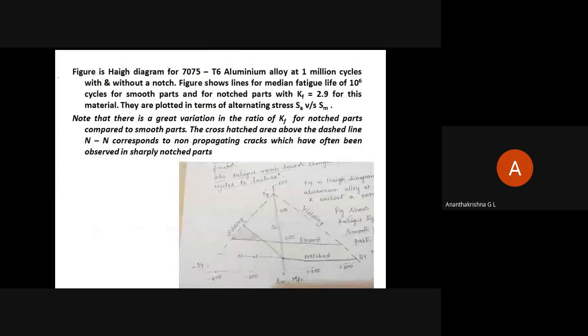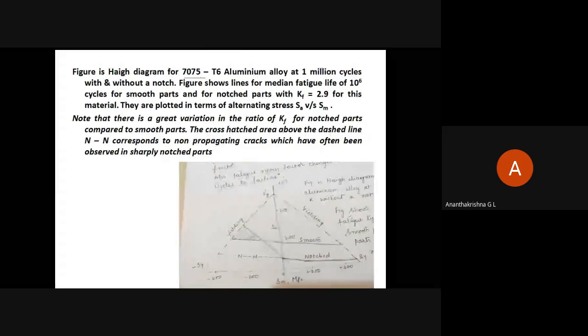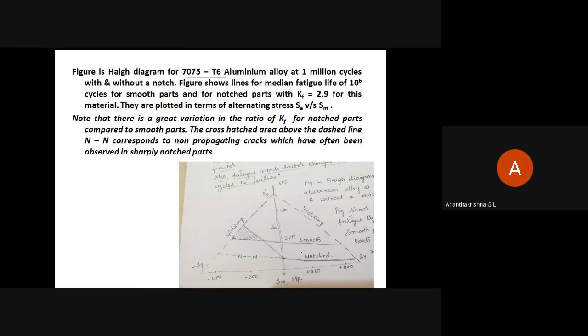The Haigh diagram for 7075 aluminum alloy at 1 million cycles, with and without notch, was presented. This is the graph for the notched specimen, and this is for the smooth specimen. The dashed line NN corresponds to non-propagating cracks, which have often been observed in sharply notched parts.